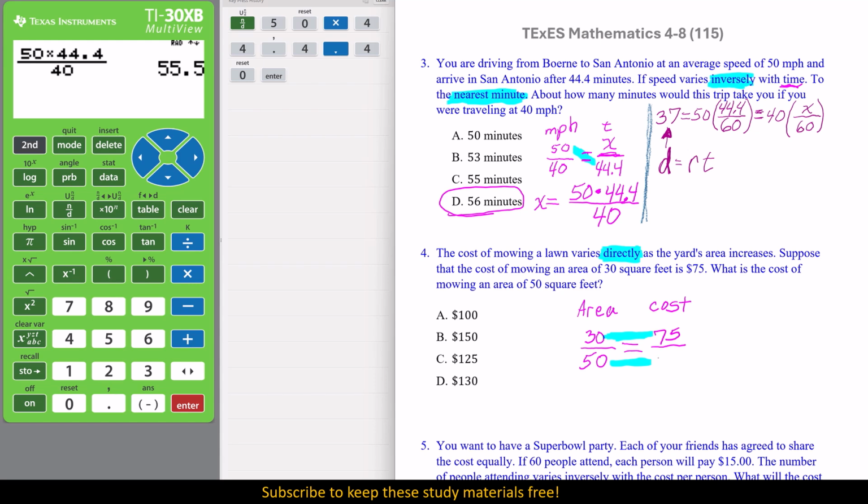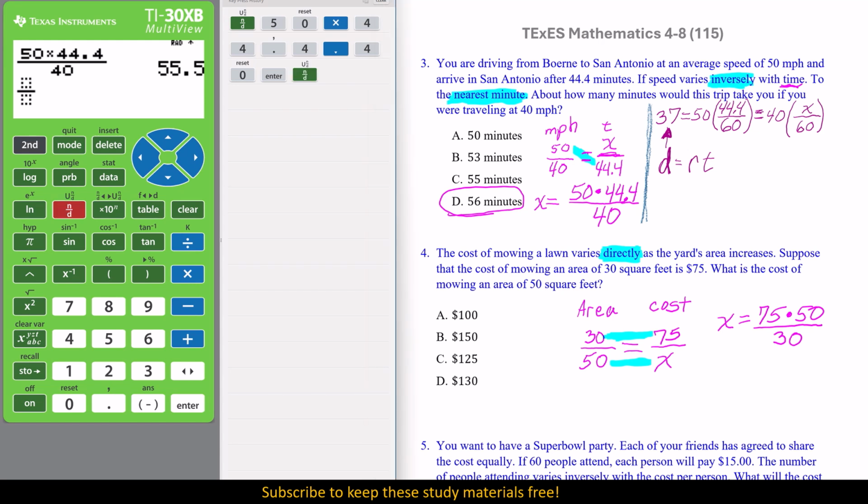Now we're looking for x, so we know precisely what to put into the calculator: x equals 75 times 50 all divided by 30. So we come over here to our calculator.